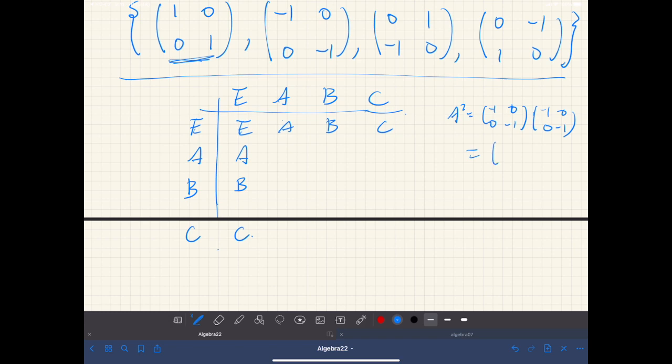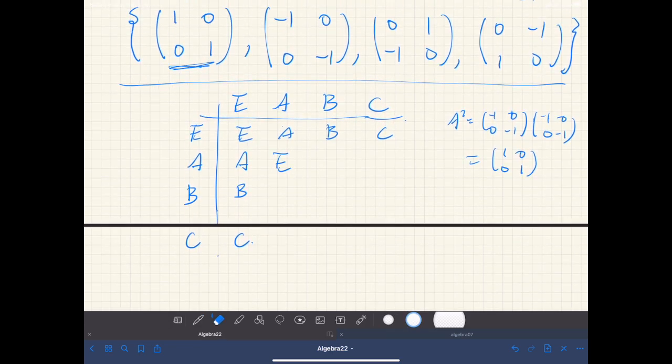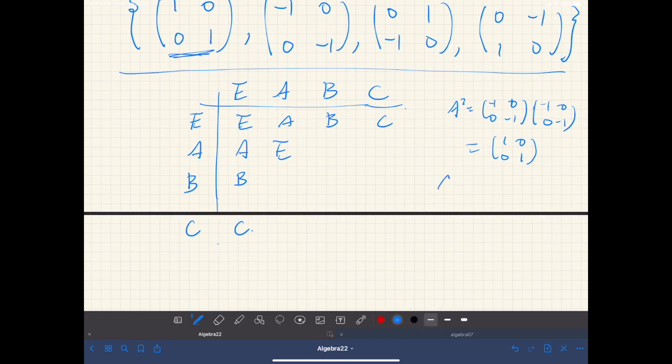That is this, so that's E. And AB is 0, negative 1, 1, 0. So that is C. And this should be B. You should check.